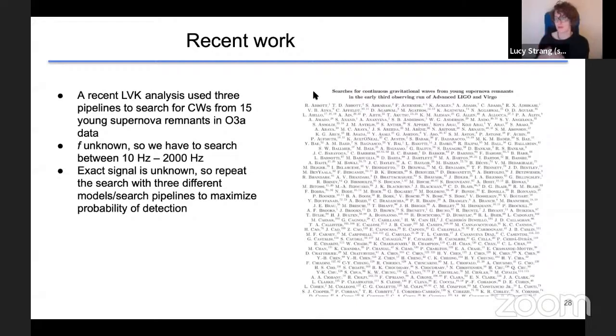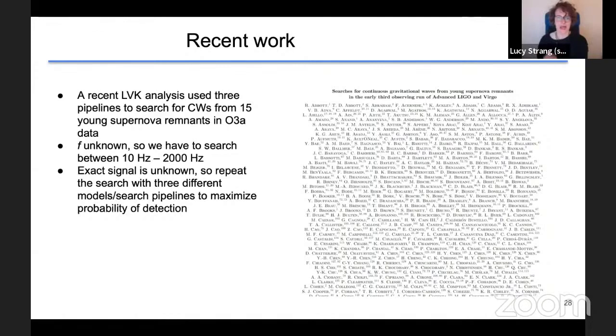We search them 3 separate times using 3 separate signal models. When I say signal model, you can think of this as a hypothesis for what the actual physics going on is. One of them is quite a standard signal model similar to the spin down that Paratosh told us about. One of them is a little bit looser and allows the frequency to wander randomly. This means that if there's something going on that's a bit surprising, then we'll have some space to work there.